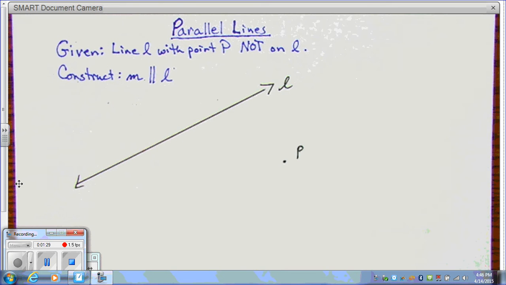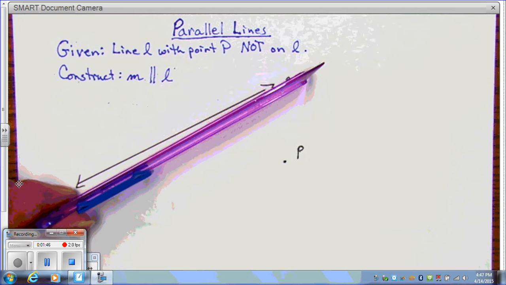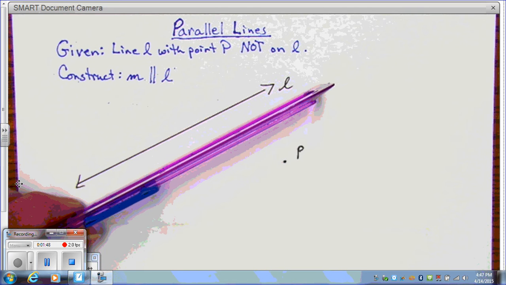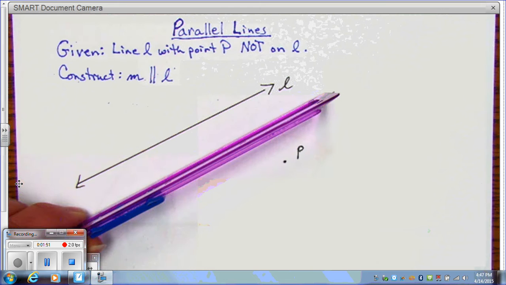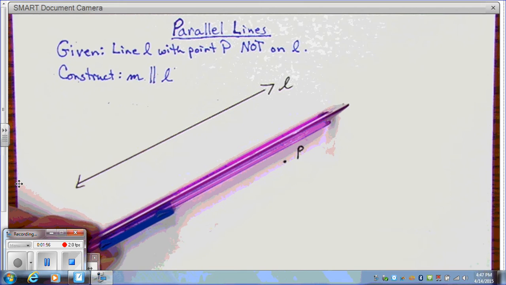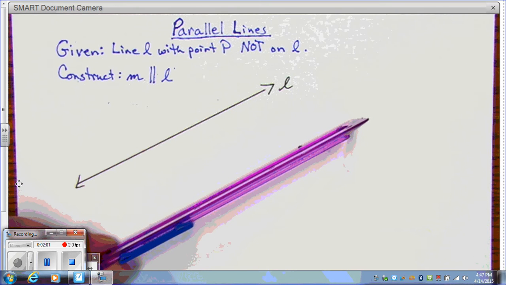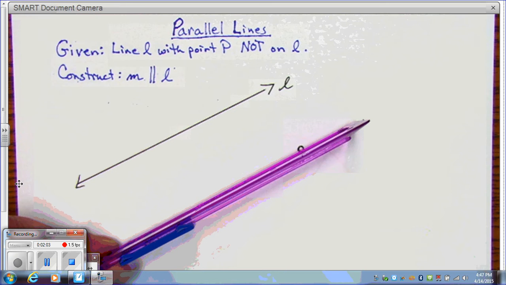Give you a chance to get that done. Okay, we talked as we did some of the previous constructions about visualizing where the answer is. Here's line L, and we're looking for a line parallel to that passes through P. So you see I'm carefully moving my compass as an example of a line parallel to L, keeping it parallel to L, and I need it to go through P. So I'm looking for a line about where I have the compass now.